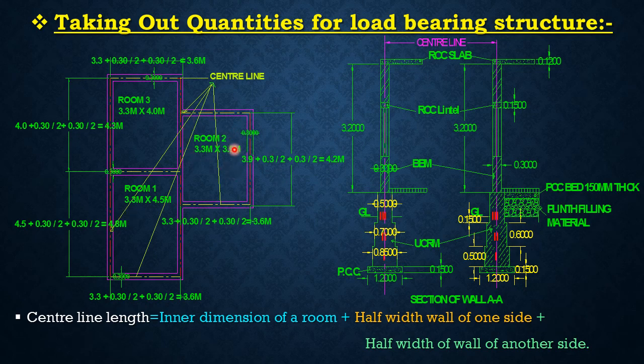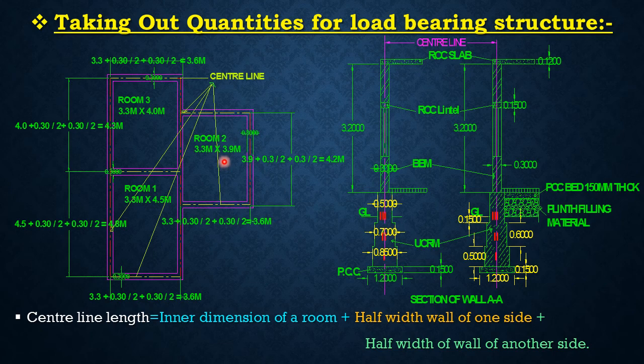For room number 2, the room size is 3.3 meter by 3.9 meter. Then 3.3 meter plus half width of wall this side 0.30 divided by 2 plus half width of this side 0.30 divided by 2. Then the center line length from here to here is 3.6 meter.